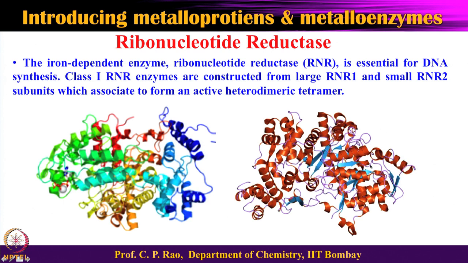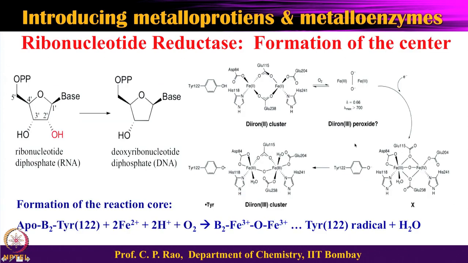So let us look at the reaction for a while. This is the ribose, and this is the deoxyribose. What is the difference? This part is same, this part is same, only this part differs. The 2 prime position, which has a hydroxyl, becomes deoxy.